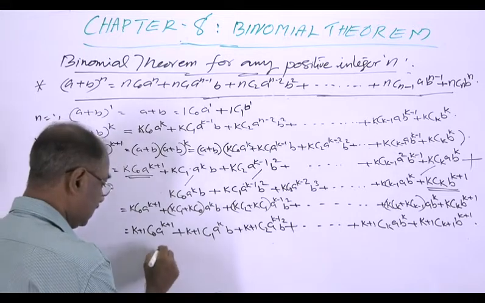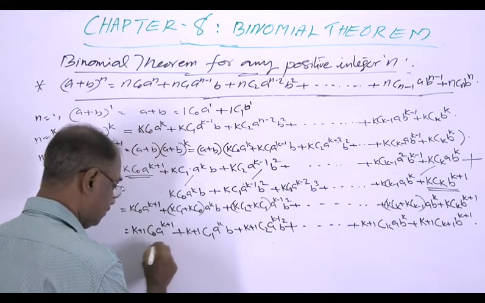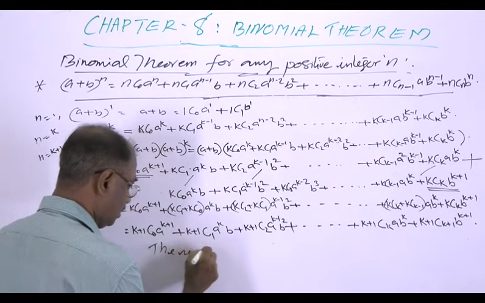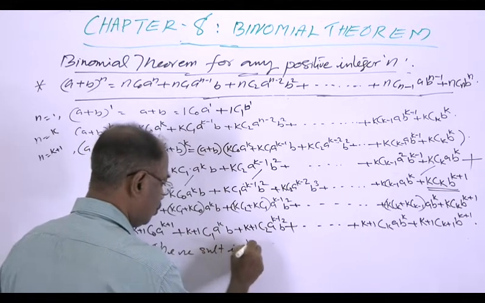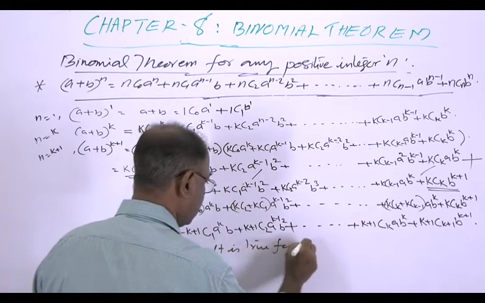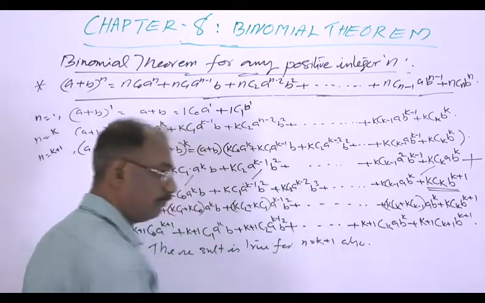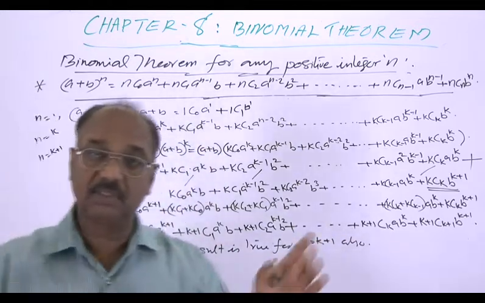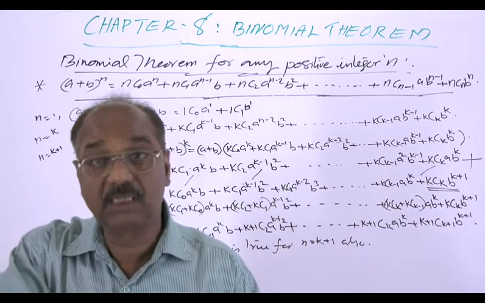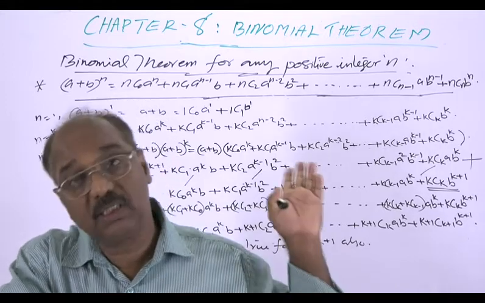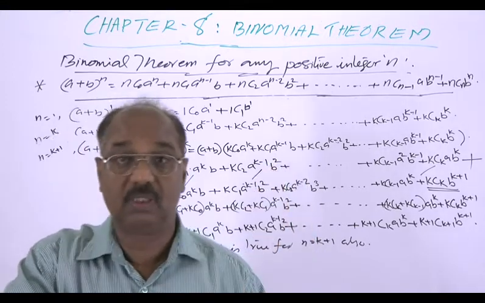So the result is true for n equal to k plus 1 also. So the theorem is completed by mathematical induction, because for n equal to 1 the result is true, as we have proved.